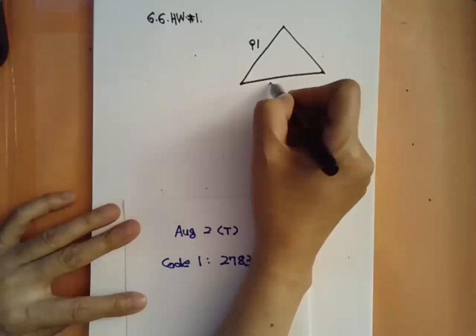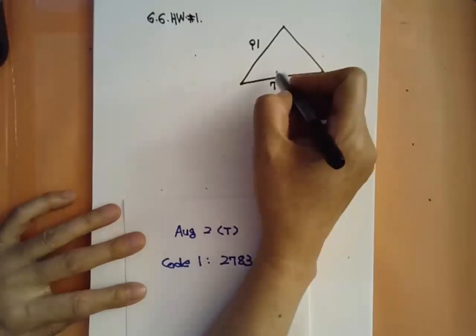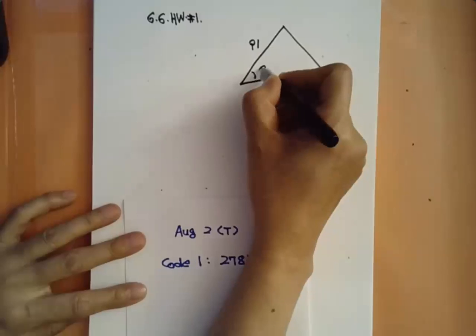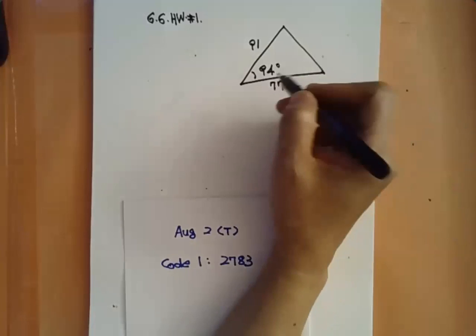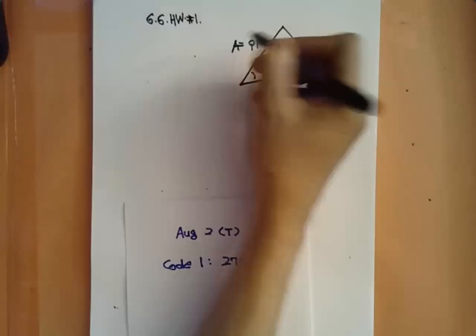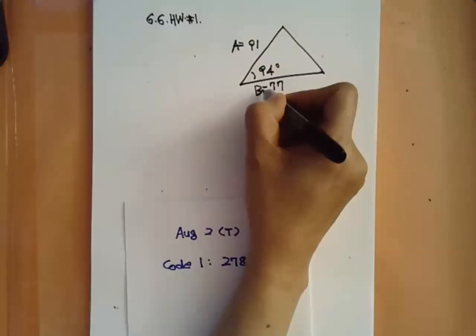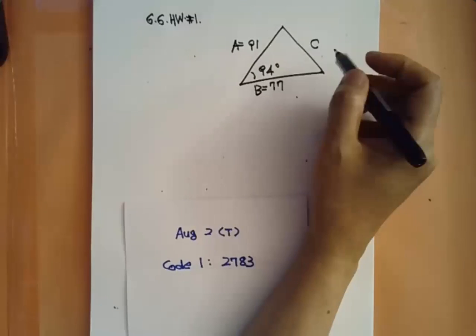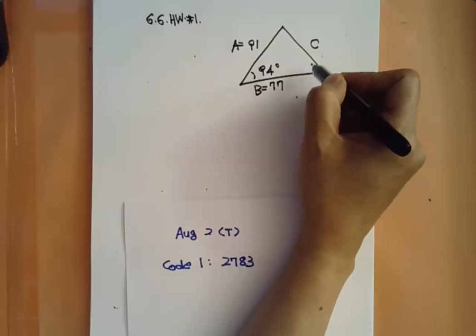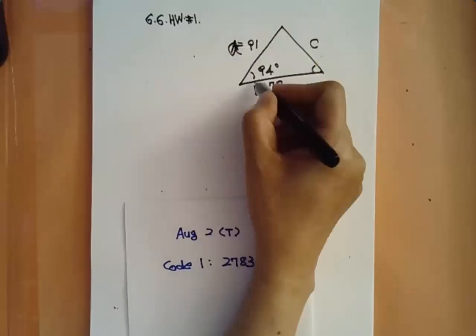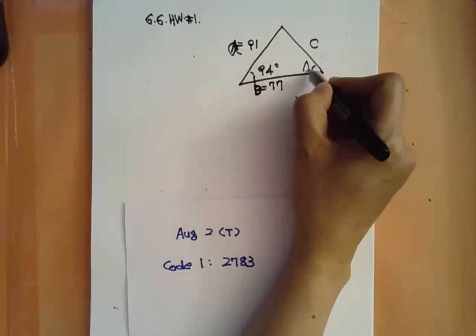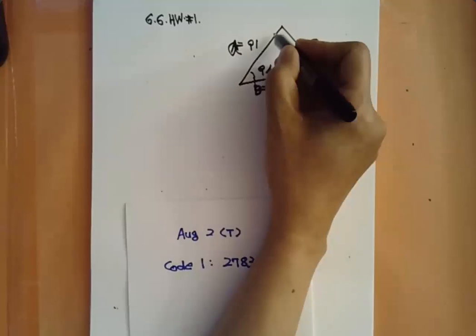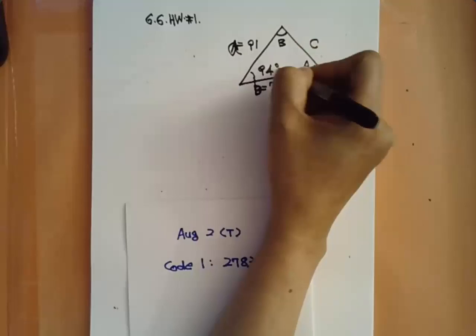The angle between these sides is 94 degrees. Find the length L inches of the third side of the triangle. Let's say this is A, this is B, this is C. So this is angle A, this is angle B, and this is angle C.